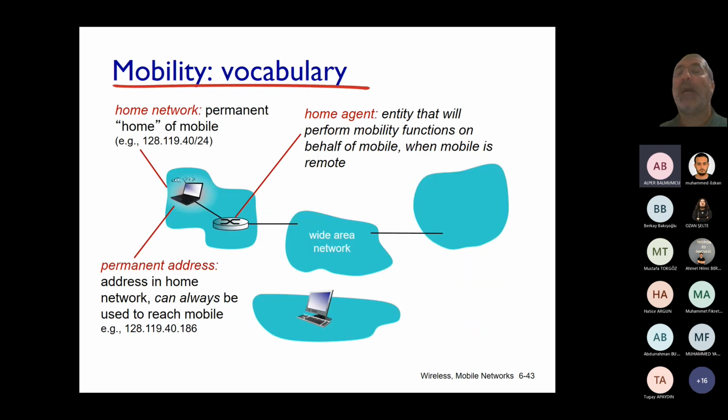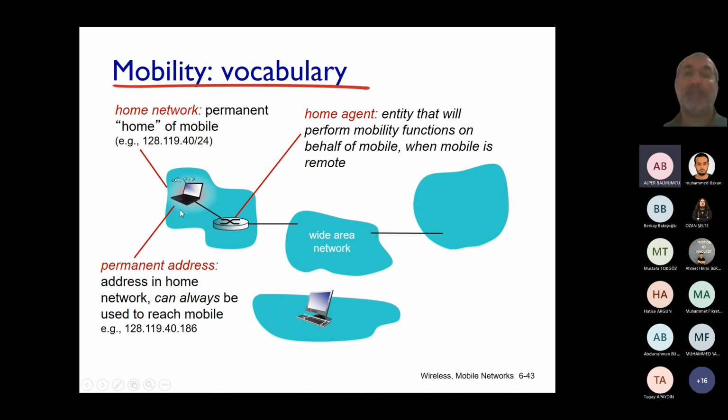Okay, so how do we manage mobility in wireless networks? In order to explain this, we need to talk about some main concepts, starting with the home network. As the name implies, this home network is the permanent home of the mobile.